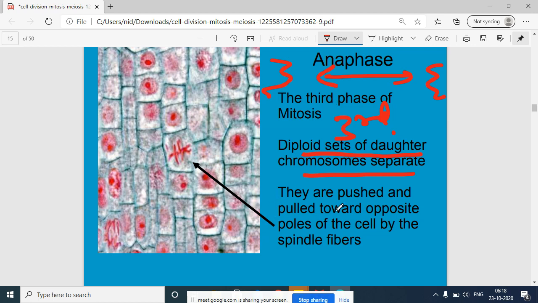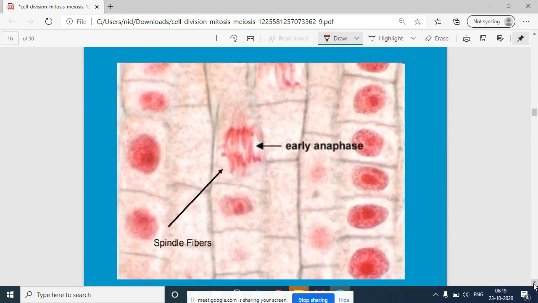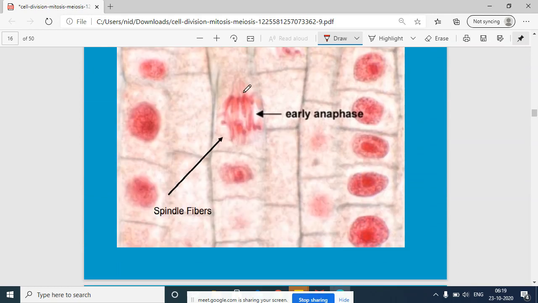They are pushed and pulled away towards opposite poles of the cell by the spindle fibers. Next, just see, this is the early anaphase. So they are moving away. Spindle fibers, you can see. Any problem till here?